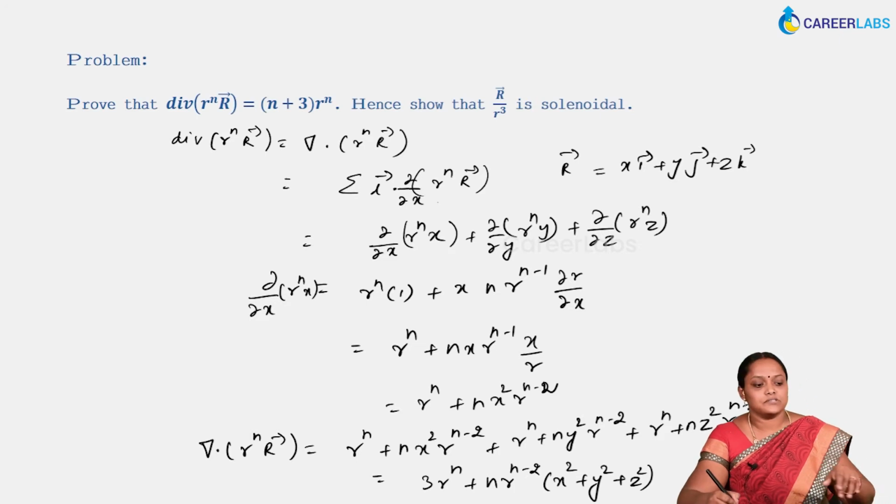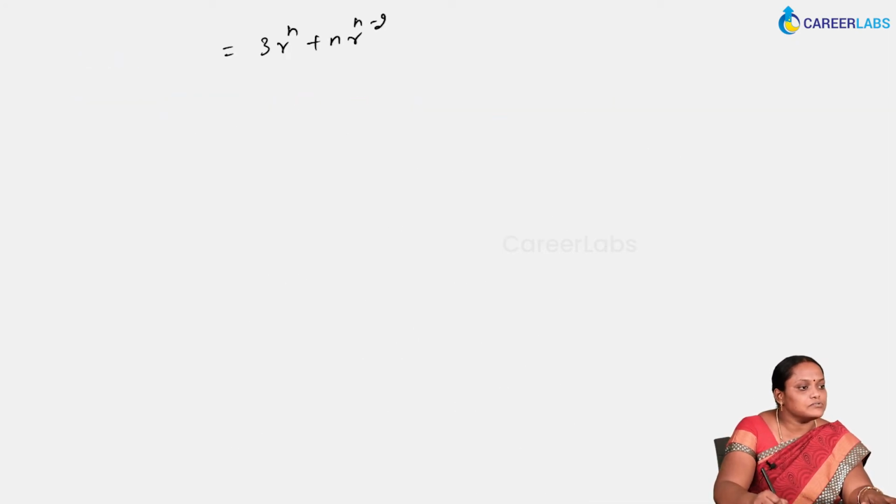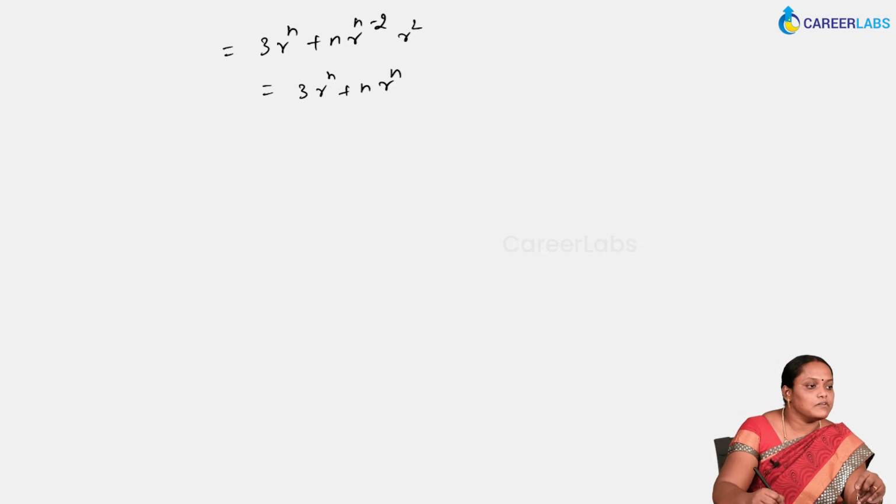x squared plus y squared plus z squared is nothing but r squared. So this is 3 r^n plus n r^(n-2) into r squared, which is 3 r^n plus n r^n, since the r^(n-2) and r squared combine to give r^n. So this is r^n into (3 plus n).